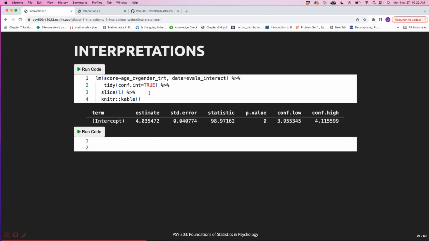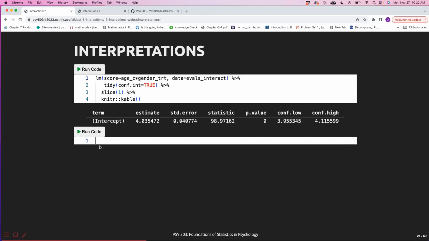So let's go ahead and first interpret our intercept. Does anybody want to take a stab at what the 4.03 represents? Correct, yep.